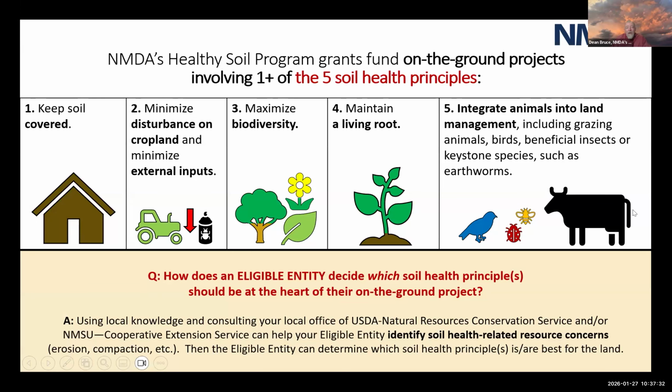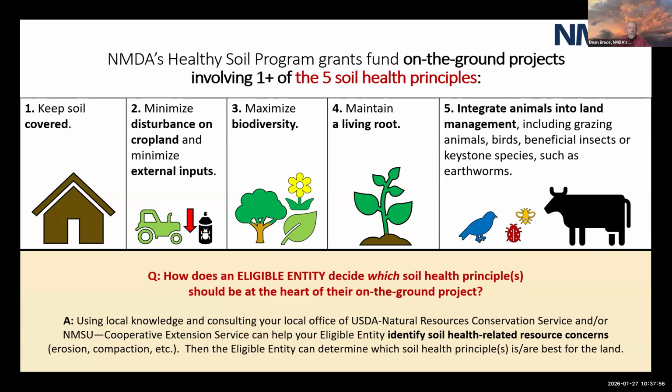Okay, so the backbone behind the Healthy Soil Program and also the backbone behind your project are the soil health principles, the five soil health principles you see in front of you right now. Your project must include on-the-ground projects that address at least one of these five soil health principles.